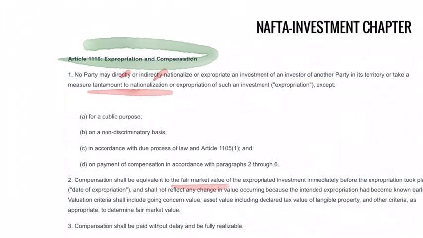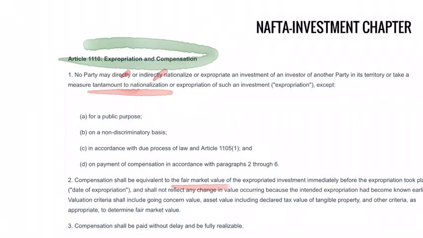The last example that I want to show you is the North American Free Trade Agreement, NAFTA, in its investment chapter. It similarly uses the words direct and indirect for expropriation, and it further has the extension of the provision, or take a measure tantamount to nationalization or expropriation of such an investment.